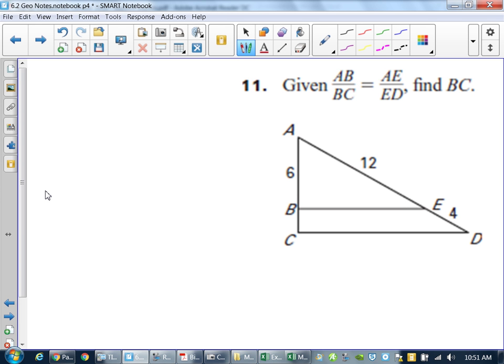Today, they're going to start by giving you the proportions. You don't have to quite come up with them on your own yet. We will learn how to do that over the course of the next week or so, because there are certain properties that allow you to do this.